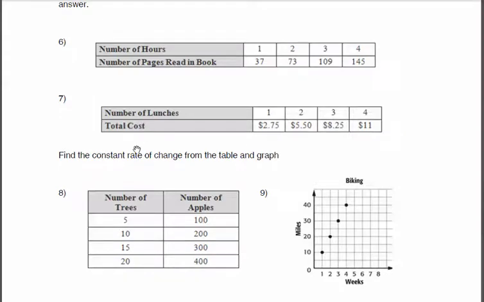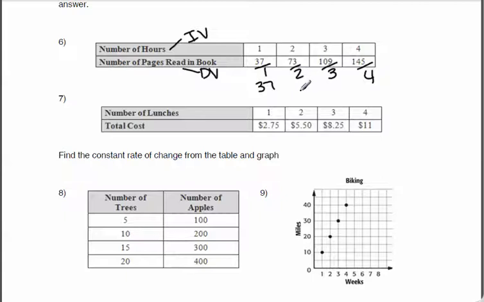Okay, so now we're going to look at the number of hours and the number of pages read in a book. The hours is independent because time is going to go by whether or not you're reading the book. The amount of pages you read in the book depends on the number of hours. So we always divide our dependent variable by our independent variable. And when I do so, each one of these is going to give me a different amount. For example, if I divide 37 by 1, I get 37.